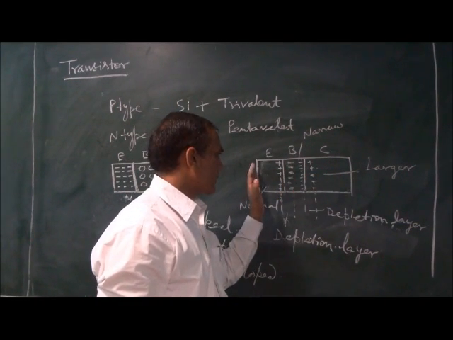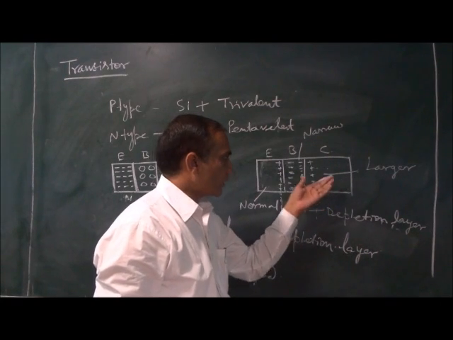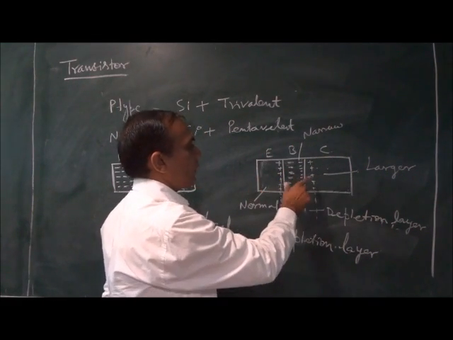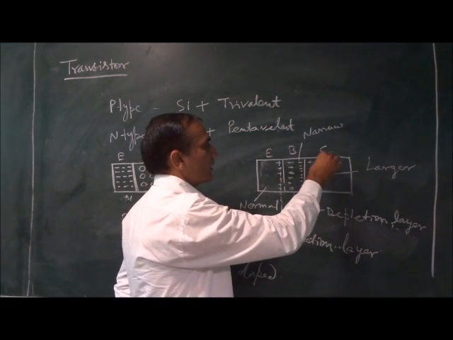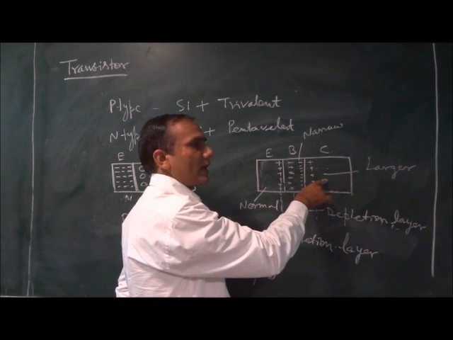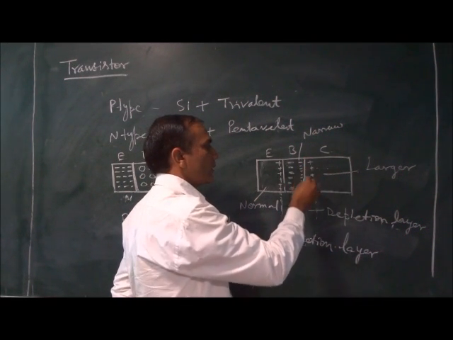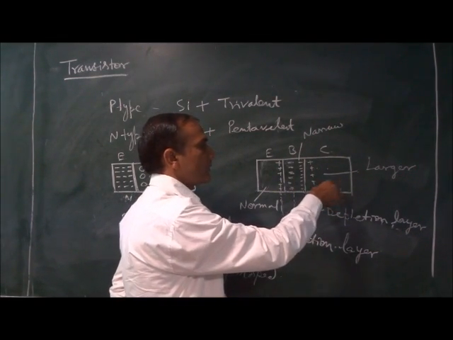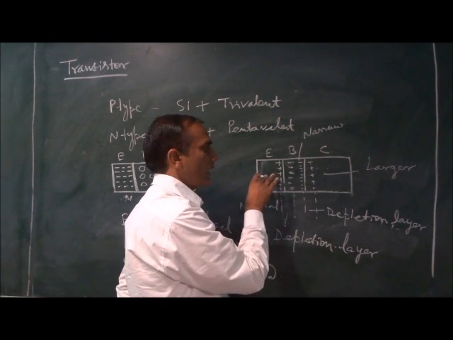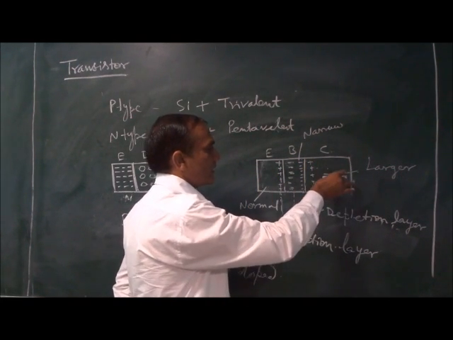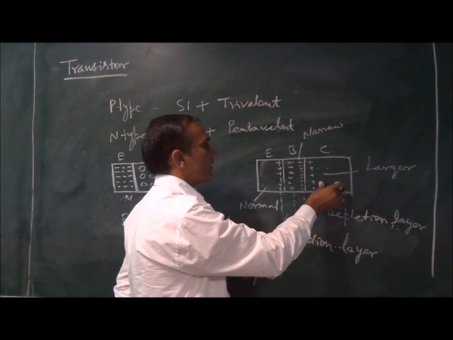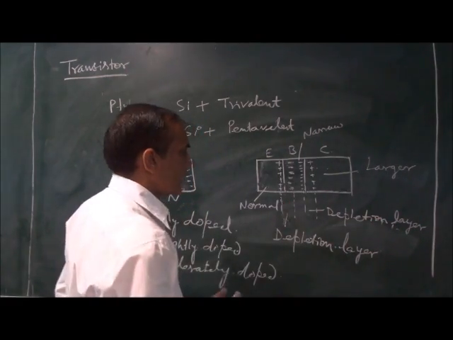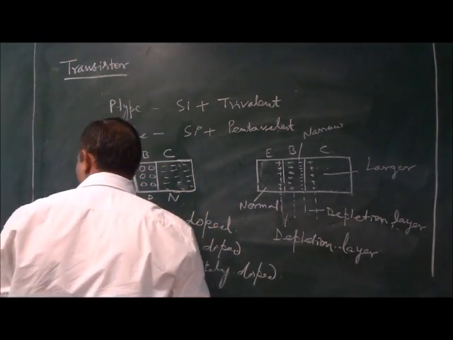The total current which is coming from emitter will be flowing through the collector, and emitter and collector current, we will see this later on. Emitter and collector current are approximately equal, and plus your saturation current is also available in this. So this region is going to handle the maximum current. That is why the area of this collector region has been made larger in comparison to the emitter. So the size wise, collector region is larger size, and number 2 is your emitter region, and less than this is your base region. They are the size wise distribution of the areas.